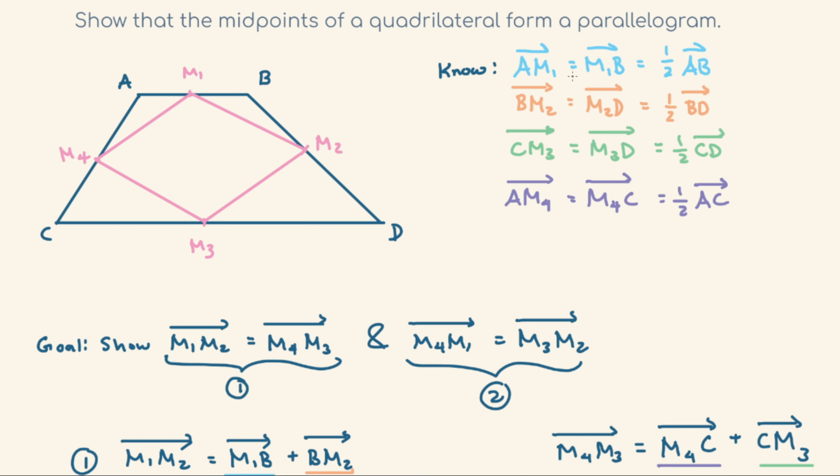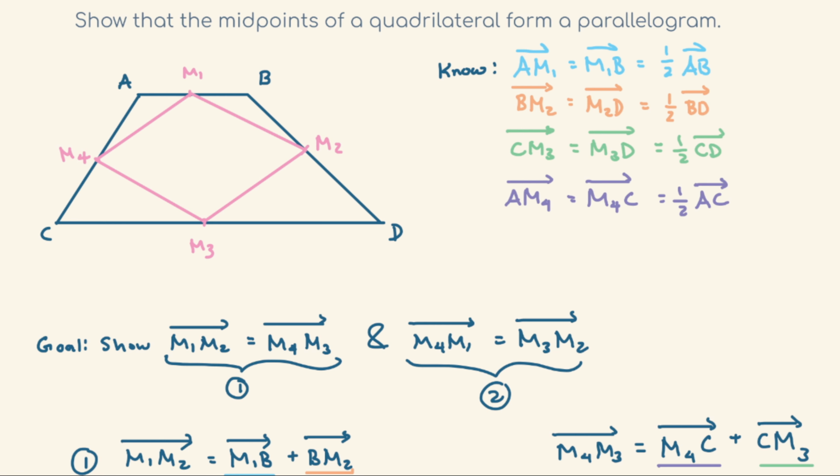So let's look at the knowledge bank, these four equations, okay? M3D, does that show up? Yeah, it's in green right here, so that's perfect. Okay, but this DM2, does it show up? No, it doesn't, but we do have M2D. So we do have that flipped vector, right? So all we have to do is use that same property like before. We slap in a negative sign, we flip the head and the tail of the vector, and then we can use this equation to write half of BD.